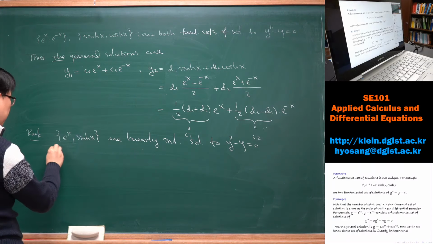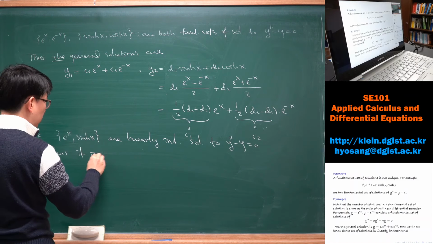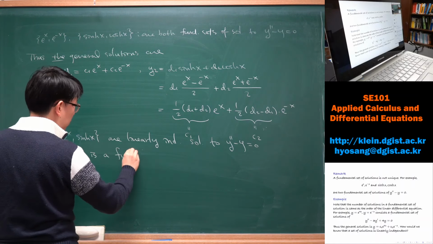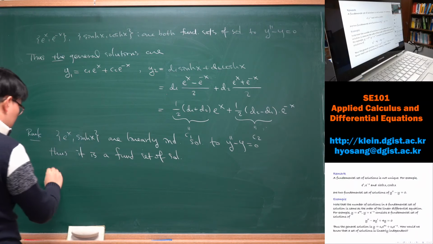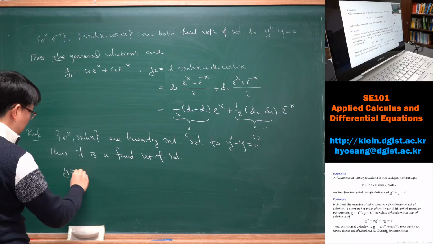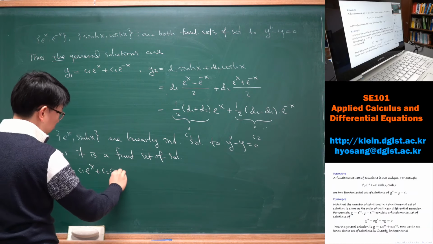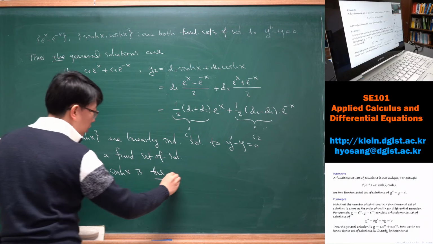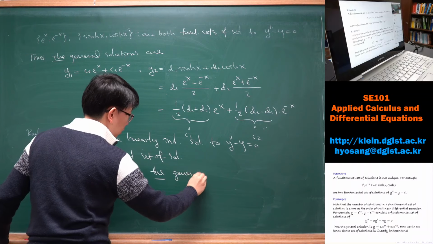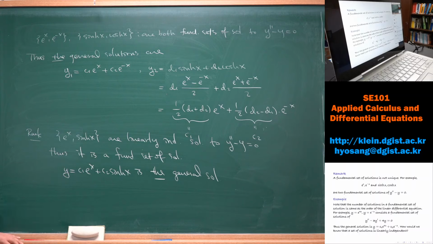Therefore it is a fundamental set of solutions. It means y equals c1 e to the x plus c2 sinh x is also the general solution. You can express it in this way too.